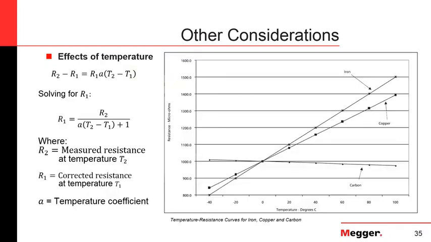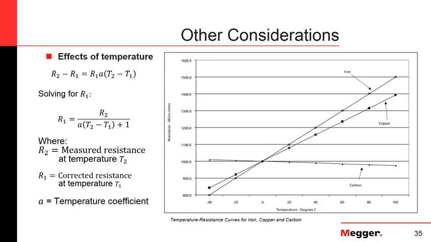And now I want to make a big emphasis on this consideration: the effects of temperature. All of our resistance readings are highly temperature dependent. As you can see in this graph, if you look at the copper curve, for example, you will see that the resistance will change about 40% for 100 degrees change in temperature.